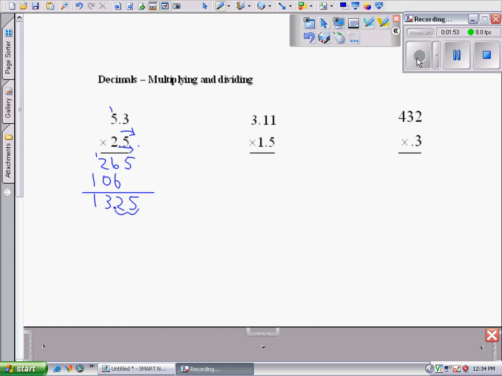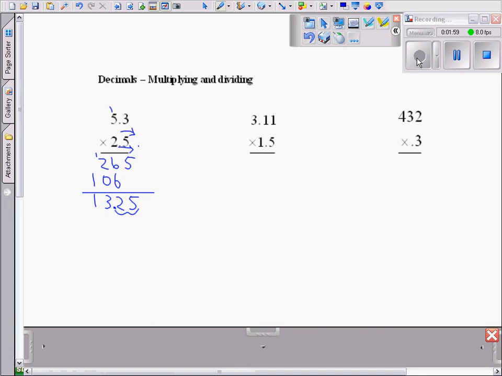The next problem, 3.11 times 1.5. 5 times 1 is 5. 5 times 1 is 5. 5 times 3 is 15. 1 times 1 is 1. 1 times 1 is 1. 1 times 3 is 3.